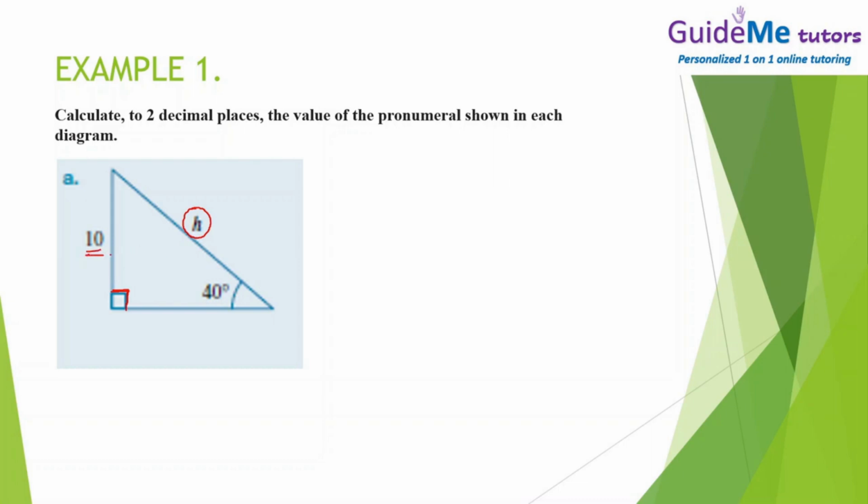So the opposite side is provided to us, and we are asked to find the hypotenuse. Which trigonometric ratio connects the opposite side and hypotenuse? These two come with sine.